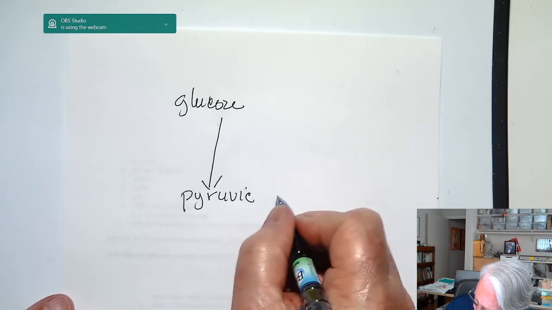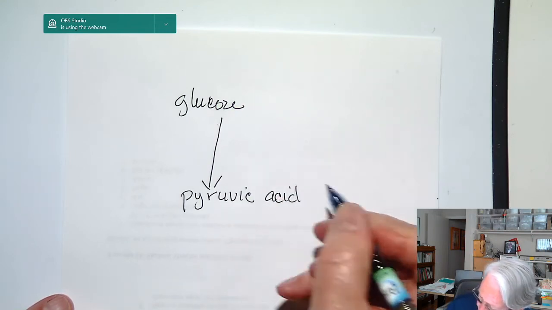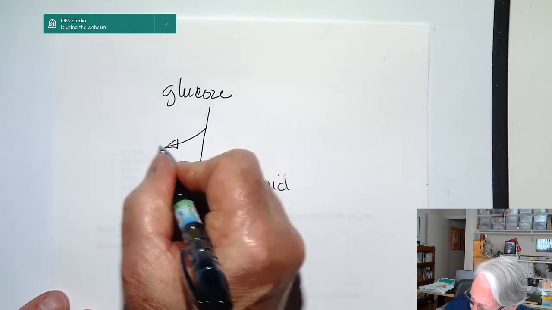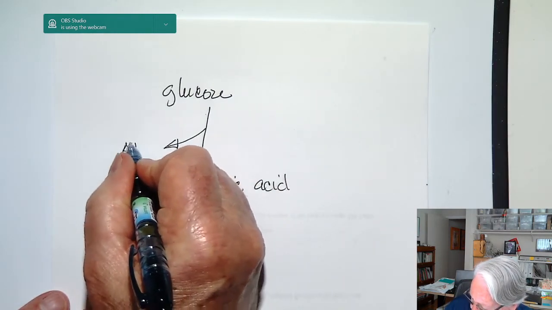And this is actually pyruvic acid. That's the full name. And I am going to get my 2 molecules of ATP out of there.